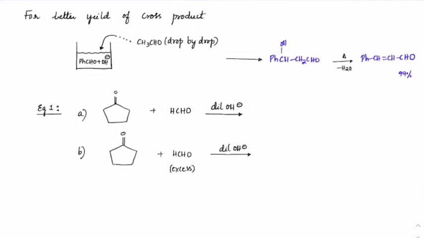Most of the time you would be asked what is the cross product in this case. So you can see this HCHO does not have alpha carbon, so there is no chance of alpha hydrogen there. So in that case, the cross product would be this group C=O. This is the carbanion which will attack on HCHO. So we will get this becoming CH2OH here.